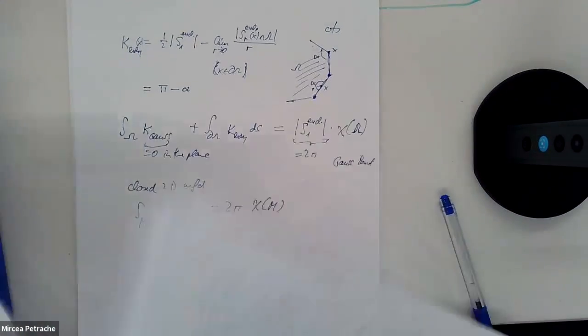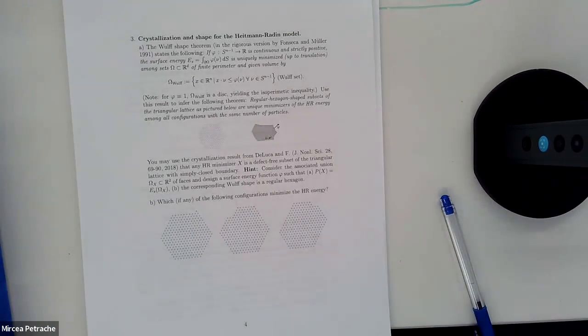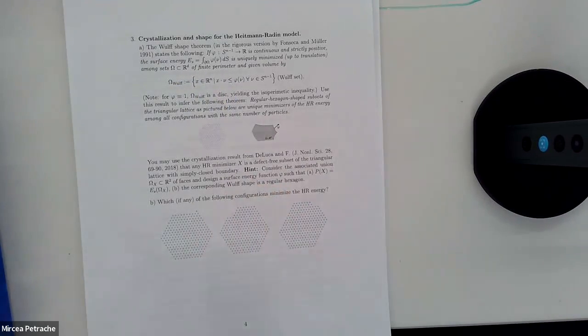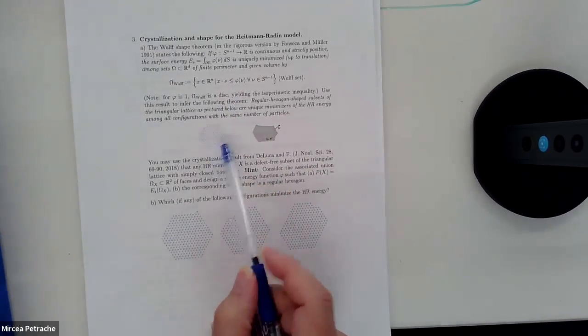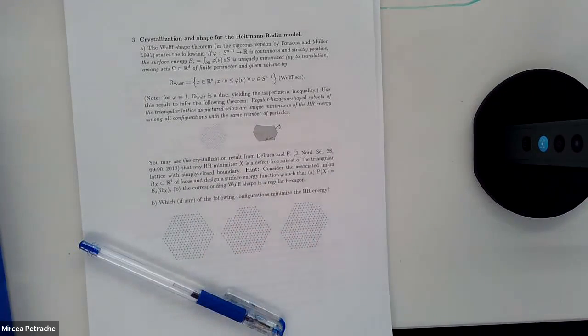And then the third thing is for people who like splitting things into bulk and surface or whatever. So that's again going back to the Heitmann-Radin model. There are special kinds of configurations that are regular hexagons, for particular magic particle numbers.